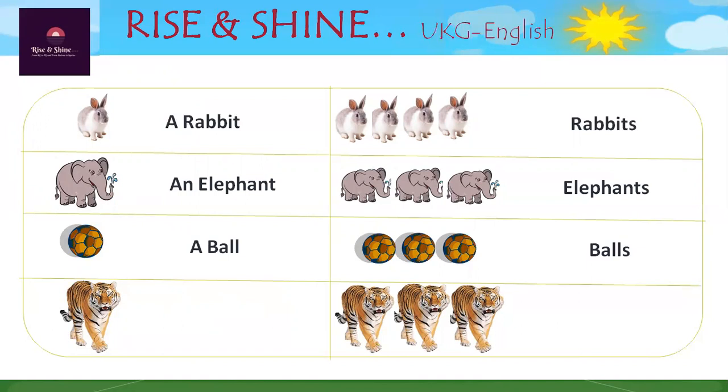So it is balls. Next, tiger, a tiger. And for 3 tigers, we apply S. So it is tigers. So do you understand?